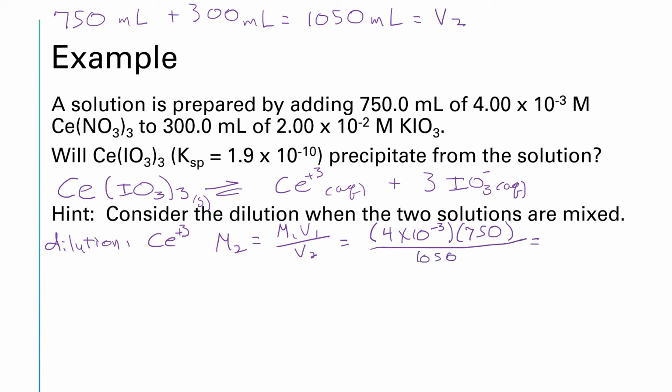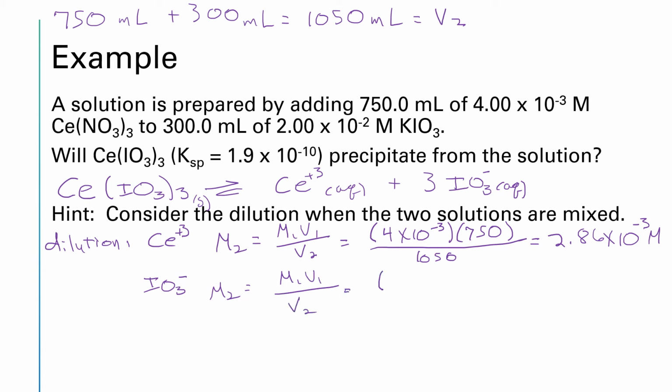I'm being very sloppy. I really should be writing all the units in here. Milliliters cancel with milliliters in the top, leaving just molarity for the unit. And let's see, after I run this through my calculator, I have a molarity for cerium of 2.86 times 10 to the negative 3 molar. If we consider the dilution for iodate, M2 will be M1 V1 over V2.